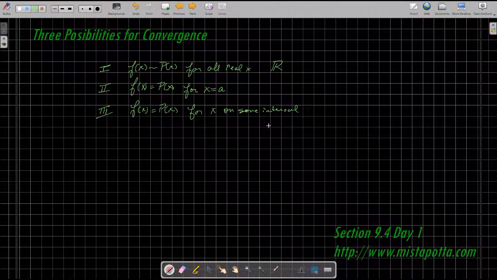In general, our interval is going to be from a minus some value to a plus some value, and a is what we call our center of convergence.